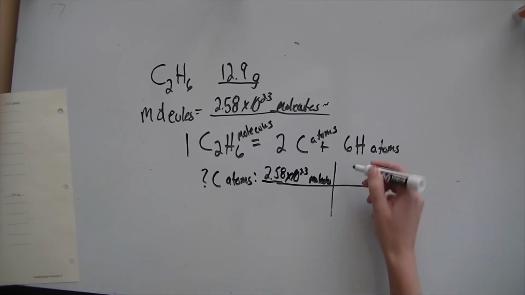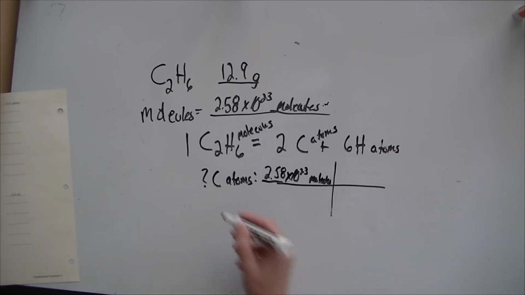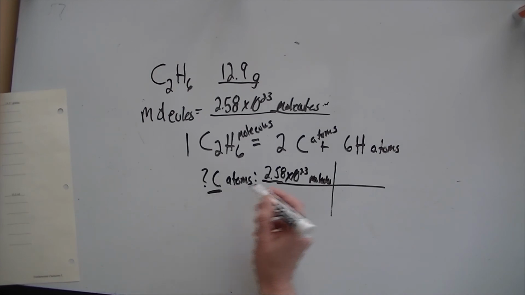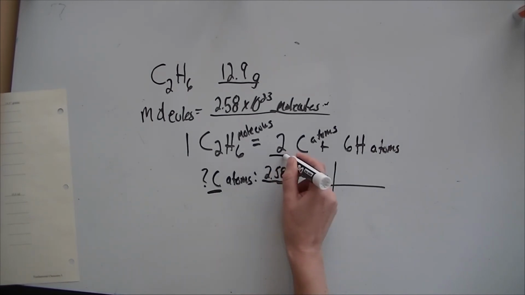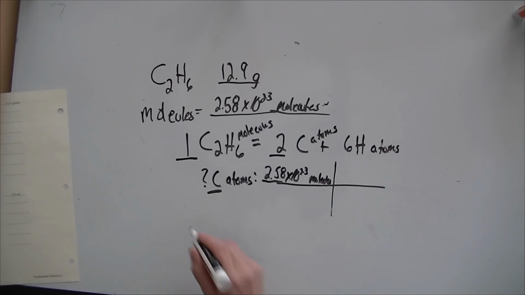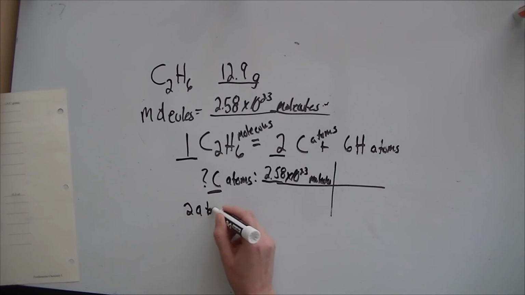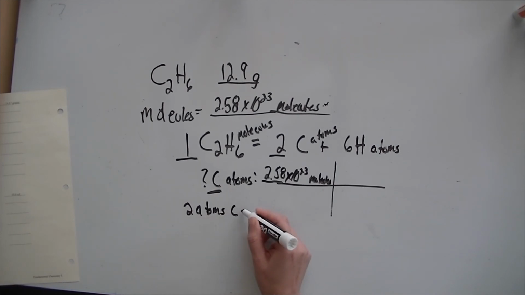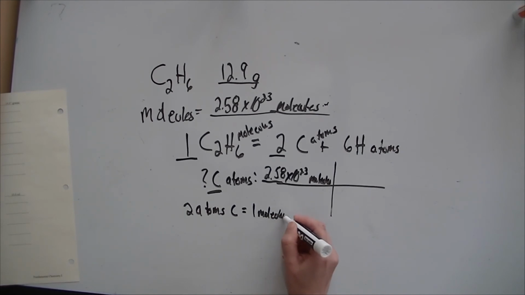Now I'm going to use a mole ratio as my conversion factor. Since I'm trying to figure out carbon, I need to use the mole ratio between carbon and C2H6. That ratio is 2 atoms of carbon to 1 molecule of C2H6.